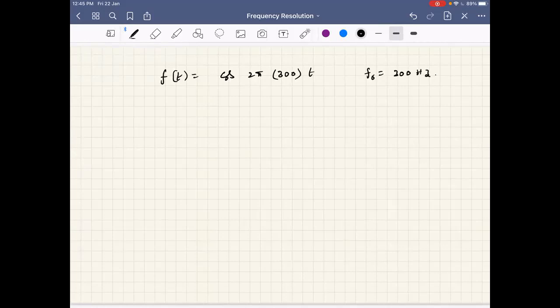If you ideally see the spectrum for this f of t, that is capital F of j omega, this is the continuous time Fourier transform. If you do this for this signal, what you will get is this F of j omega.